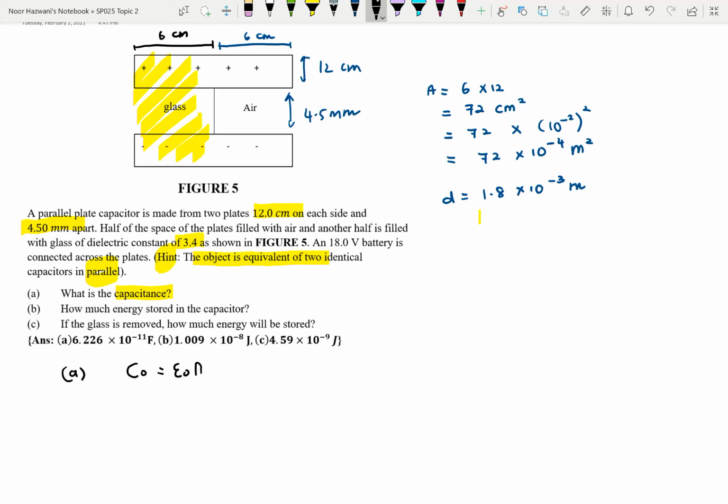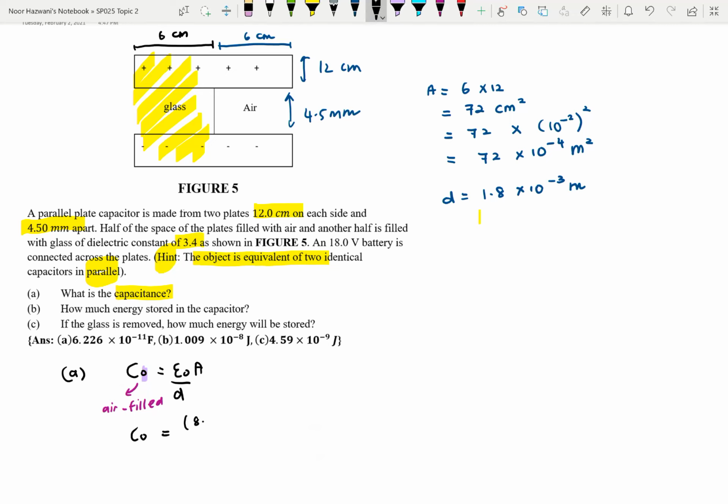So I denote dia dengan C naught. Okay, naught kat sini merujuk kepada air lah. Okay, ia merujuk kepada air field. Okay, so just substitute in the value. So C naught akan adalah sama dengan epsilon naught A over d. Just substitute in the value.